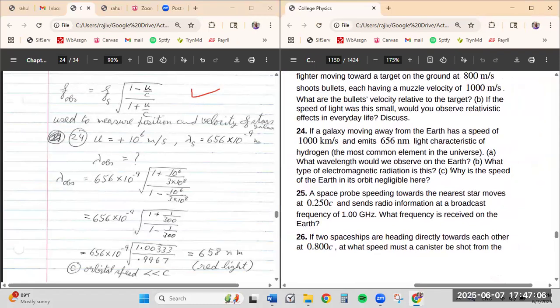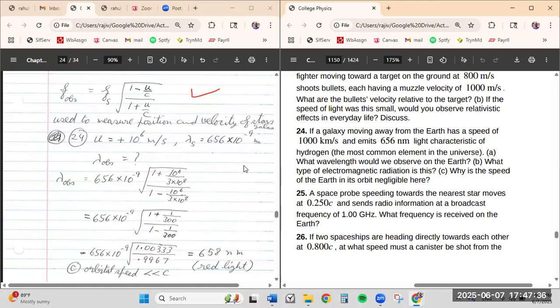If a galaxy moving away from the Earth has a speed of 1,000 kilometers per second and emits 656 nanometer light, characteristic of hydrogen, the most common element in the universe, A, what wavelength would be observed on Earth, and B, what type of electromagnetic radiation is this, and C, why is the speed of the Earth in its orbit negligible here?